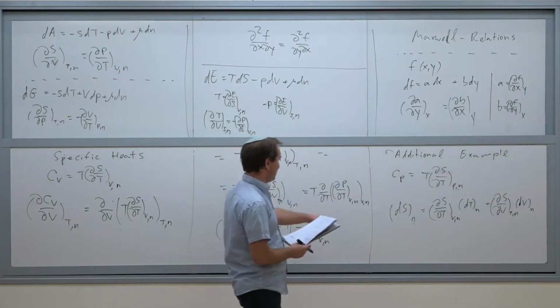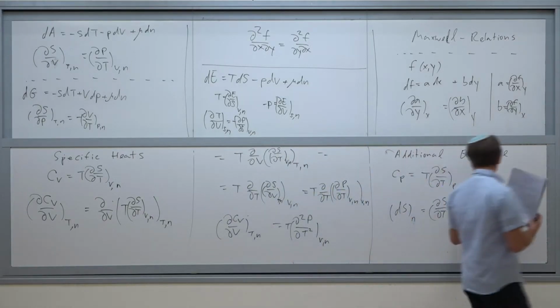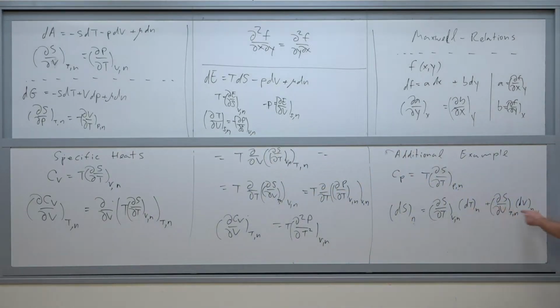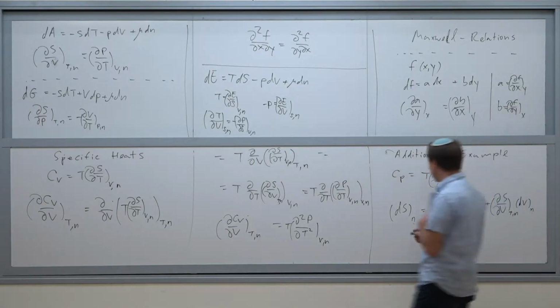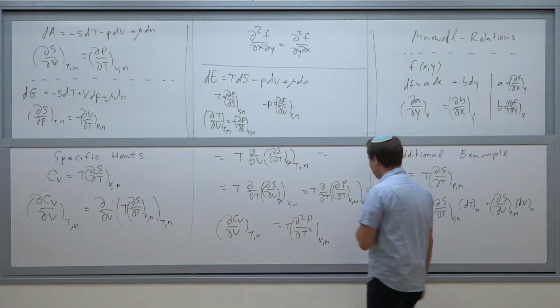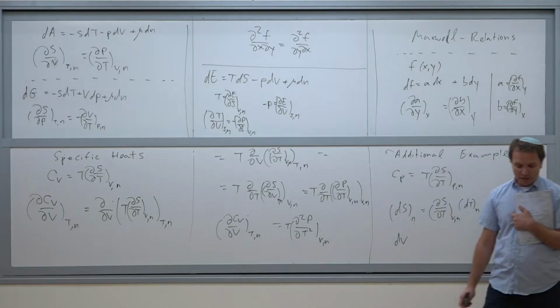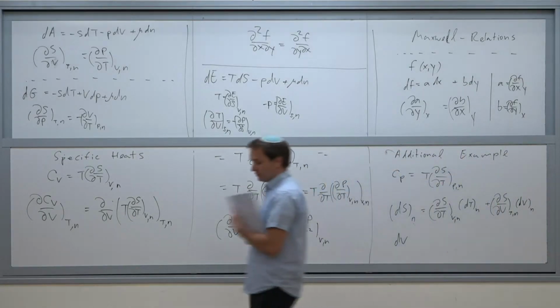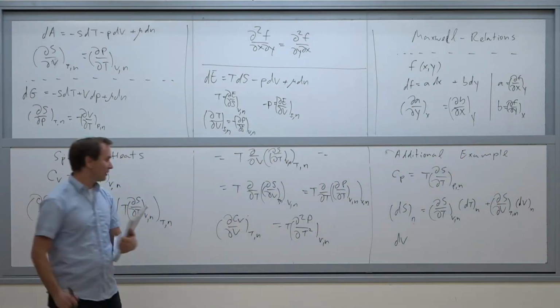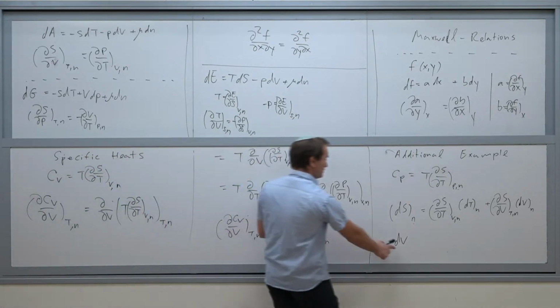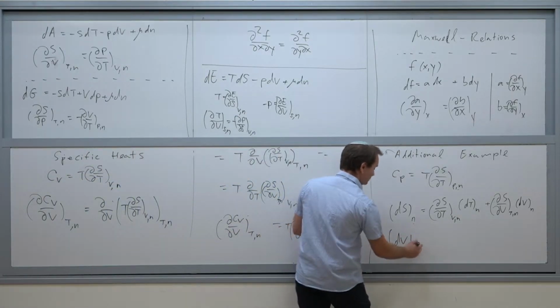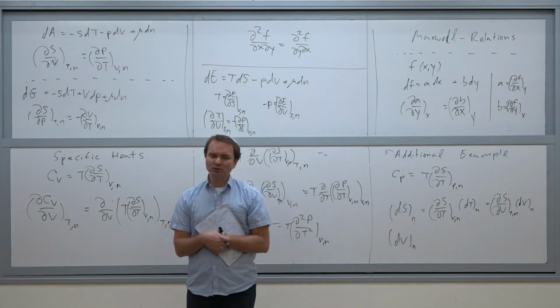Now, let's change our variables. So here the variables are T and V. What if we would write V in terms of T and P? How would the differential of V look? And in all of this discussion, we're keeping the number of moles constant.